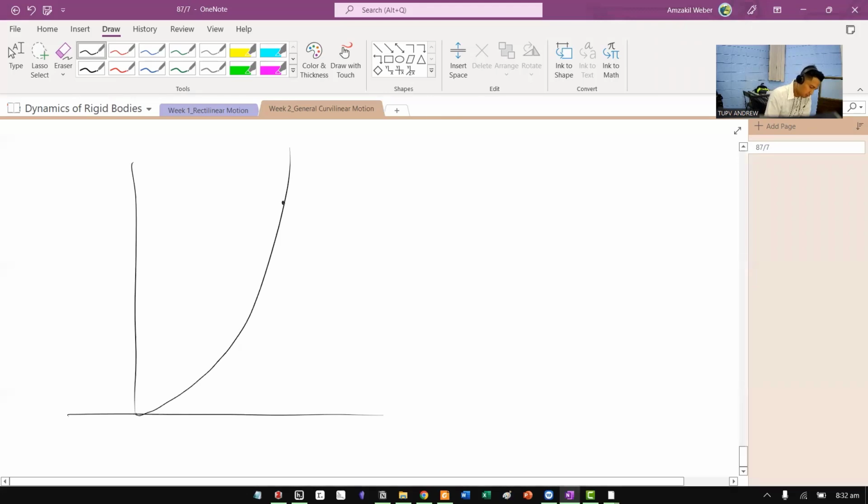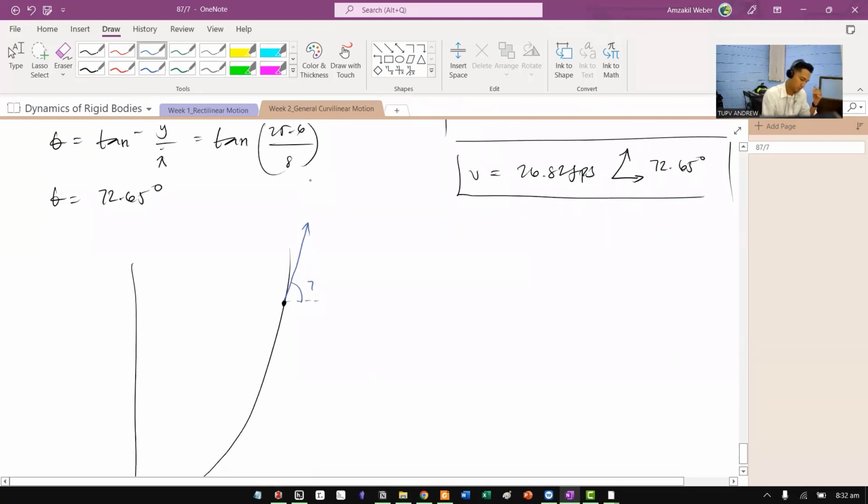At this point, the velocity is 70 something with its direction, about 72. And the acceleration is just upward.